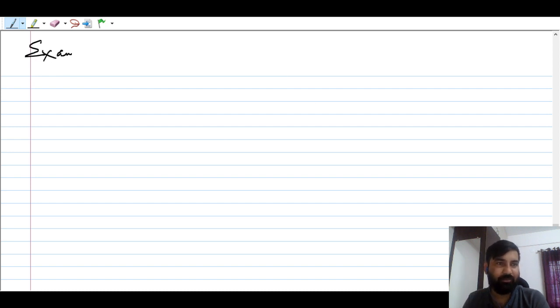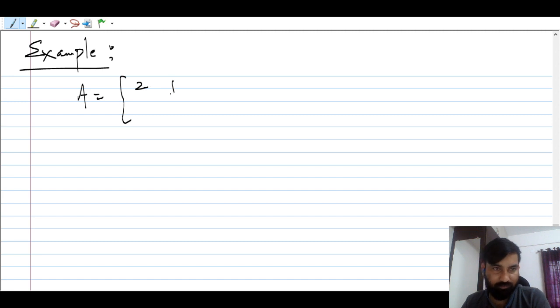Let me take one example and try to use this direct method so that you can understand. Suppose a matrix A is given: 2 1 4 minus 1. What is the size of the matrix?